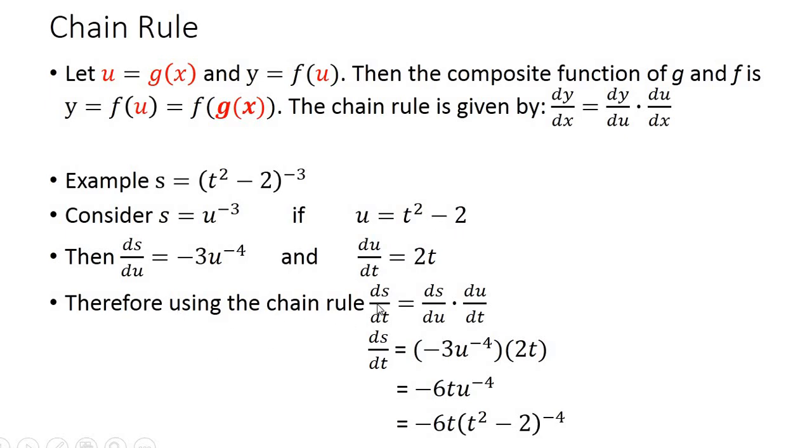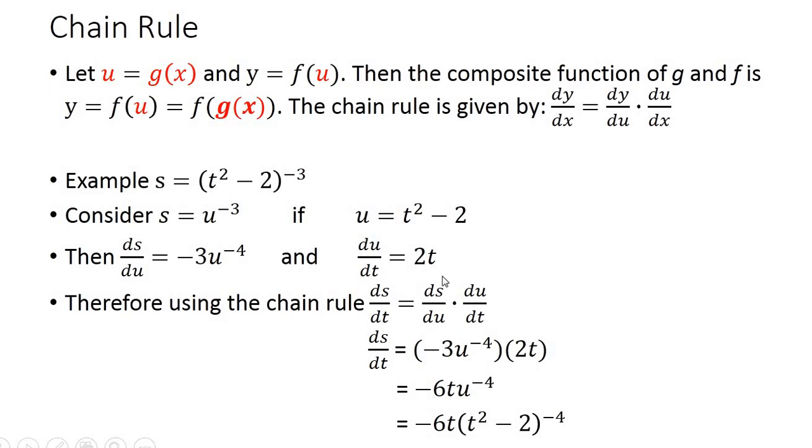Therefore, we substitute this in place of y, we have got s, so this is ds dt, because this is a function of t. So ds dt is equal to ds du times du dt.